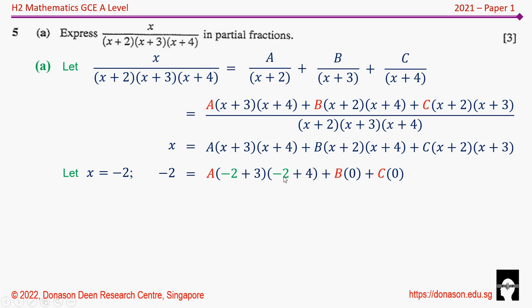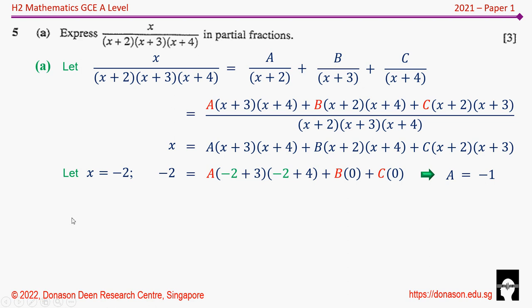Minus 2 plus 4 is going to give you a 2. So 2 times 1 is going to give you 2. 2 times a is 2a. If 2a is equal to negative 2, a would be negative 2 divided by 2. A is equal to minus 1, because minus 2 divided by positive 2 is minus 1.